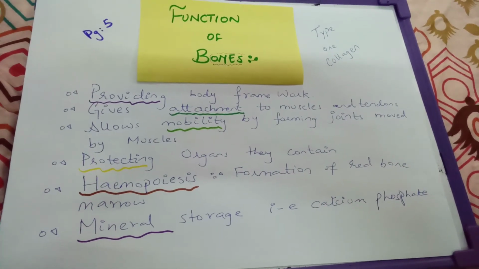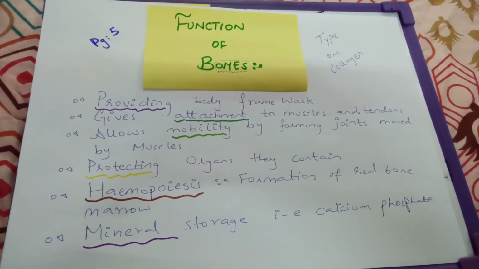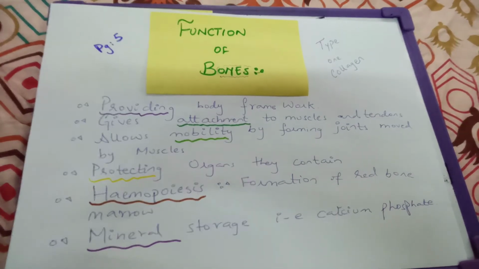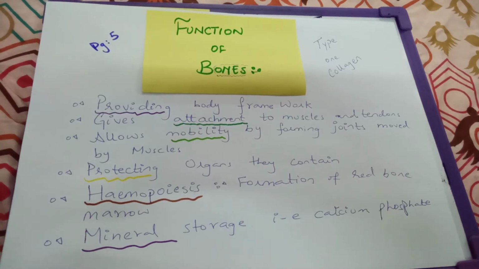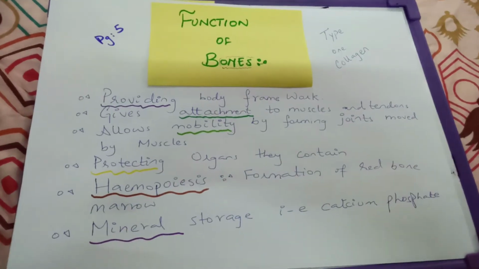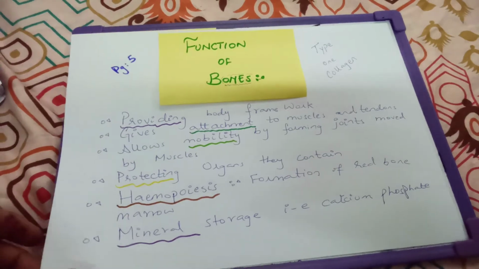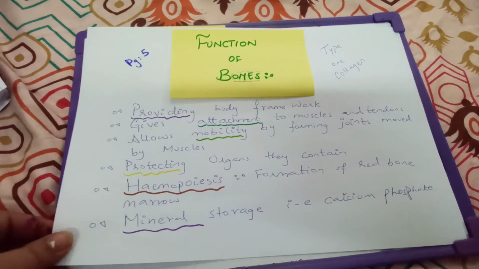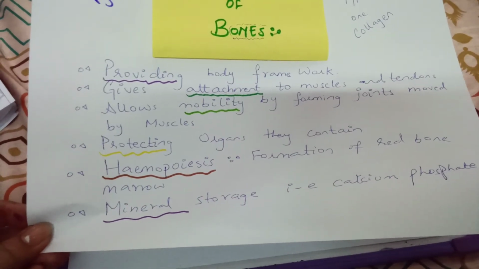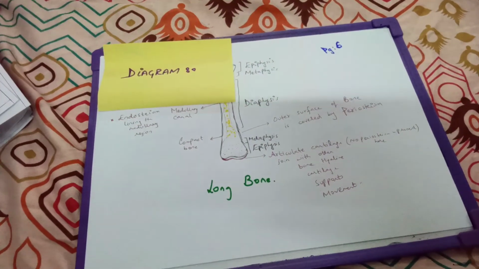Okay, the formation of red bone marrow. जितना जो है वो बेबी होगा पर्सन, मीन्स एज कम होगी, उतने ज़्यादा रेड बोन मैरो होंगे. जितनी एजिंग होगी तो उतनी ही ज़्यादा फैटी आपके पास बोन मैरो होगा. ठीक है. और मिनरल स्टोरेज तो आपको पता है, that is कि कैल्शियम कार्बोनेट एंड कैल्शियम फॉस्फेट की फॉर्म में मिनरल्स प्रेजेंट हैं बोन्स के अंदर, जो कि इसको एक टफ एंड हार्ड स्ट्रक्चर बनाते हैं. That is why the consumption of minerals in the form of calcium carbonate and phosphate is very important. The daily intake is very important.